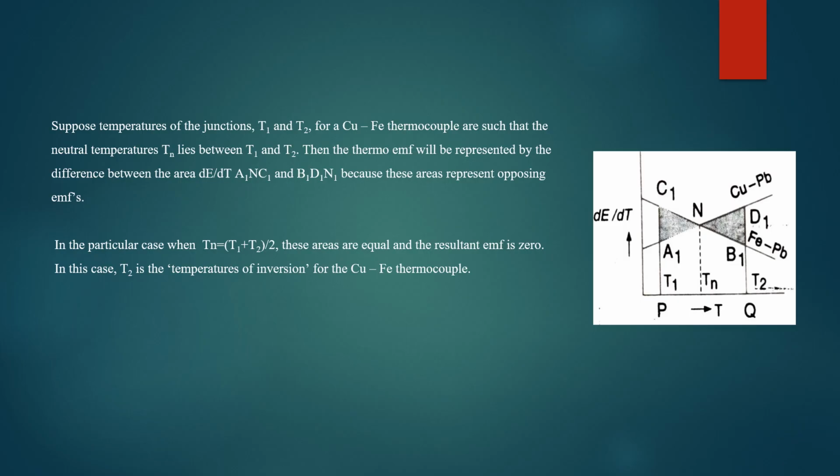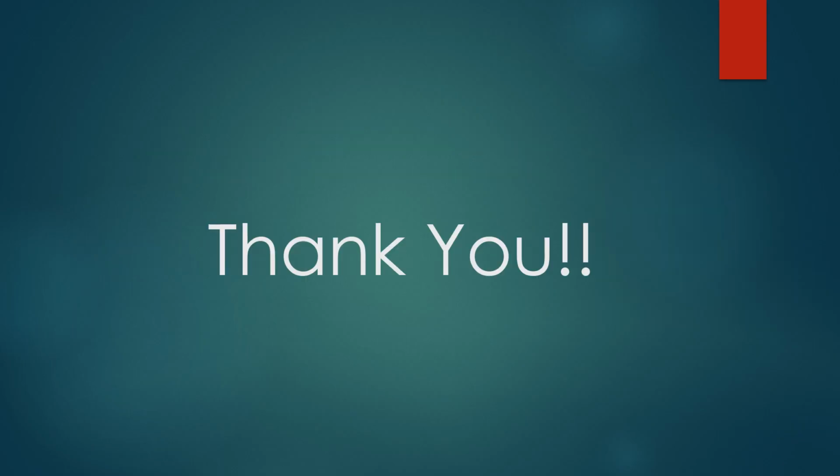Then the thermo EMF will be represented by the difference of the areas A1NC1 and B1D1N, because these areas represent opposing EMFs. In the particular case when Tn is equal to (T1 plus T2) by 2, these areas are equal and the resultant EMF is 0. Therefore, the directions are opposite. In this case, T2 is the temperature of inversion of the copper-iron thermocouple. Thank you.